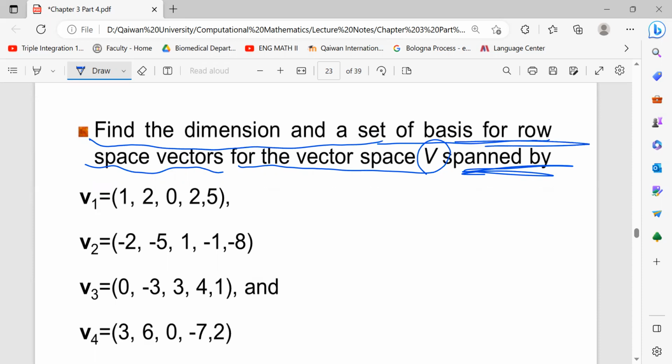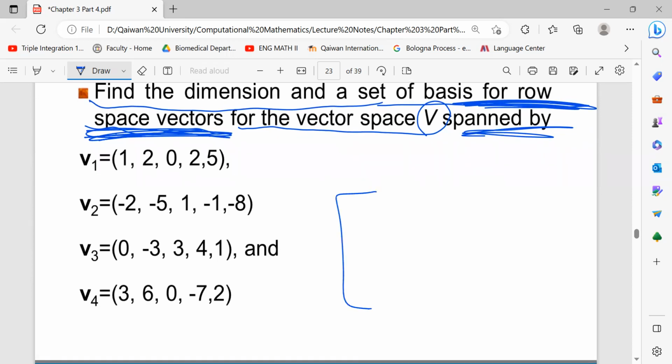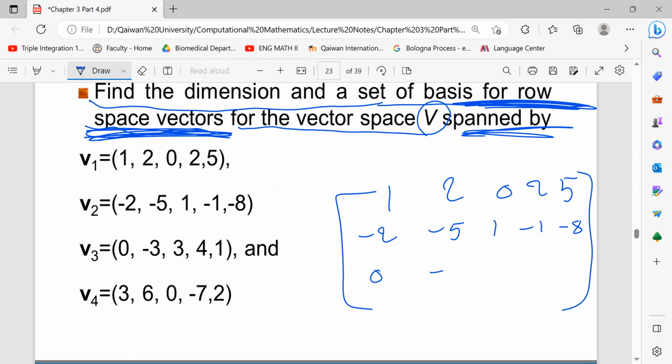For a row space, that means V1 is row 1, V2 is row 2, V3 is row 3, and so on. In matrix form, it is 1, 2, 0, 2, 5. Then -2, -5, 1, -1, -8. 0, -3, 3, 4, 1. Then we have 3, 6, 0, -7, 2. That's the matrix form of the given vectors.